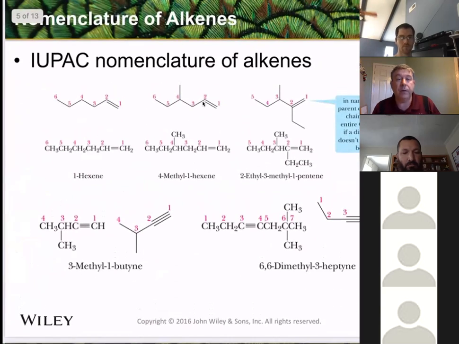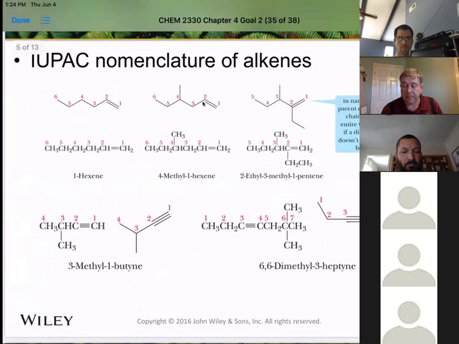So when we look at our nomenclature, it's important that our alkene be in the parent, okay? Both carbons of the alkene and both carbons of the alkyne have to be in the parent chain, okay? Even if you can make a longer chain, that doesn't matter.